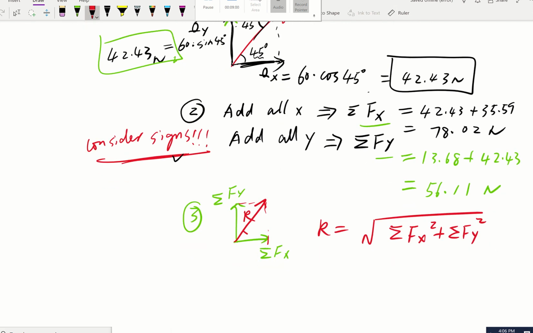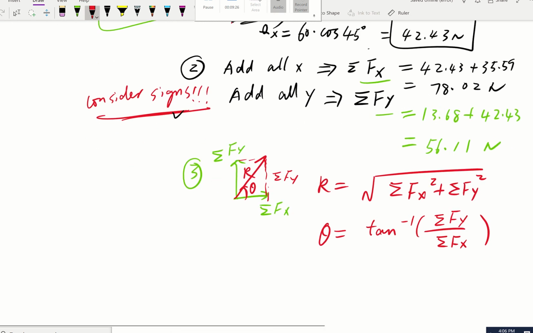And how do you find the angle? This angle is counterclockwise from the x-axis. That angle is going to be inverse tangent of y, because this is your y, over Fx. So that's how we calculate the direction. Now let's go ahead using the value here. So it's inverse tangent.